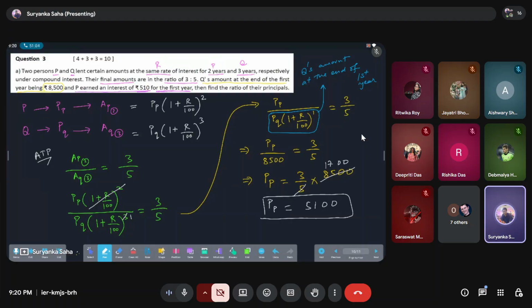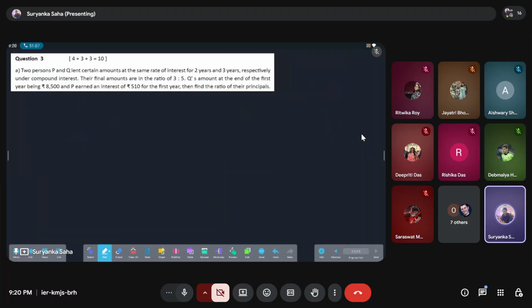Let me go to the next slide. I am writing: P earned an interest of 510 for first year. That means they have basically given CI1 of P. So what will be the value of this?